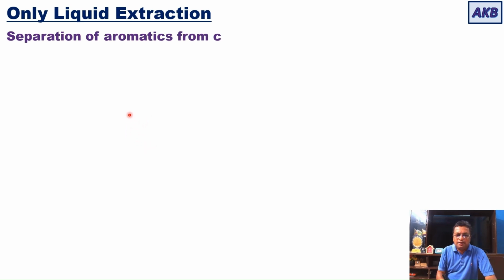Then separation of aromatics from catalytic reformate. The catalytic reformate that is formed, you have a task of separating aromatics from it. The only choice available to you is liquid extraction.